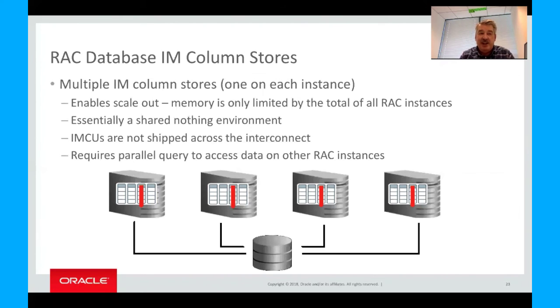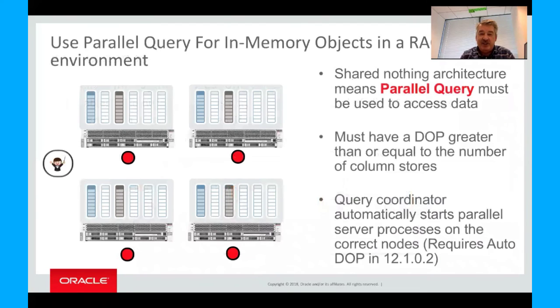So that implies being able to have at least one parallel server process on each node. This is now not 18C, but for 12.1.0.2, we required that you have AutoDOP enabled so that we knew which nodes we had to fire up a parallel server process on. Oh yeah, I guess I have it right there.